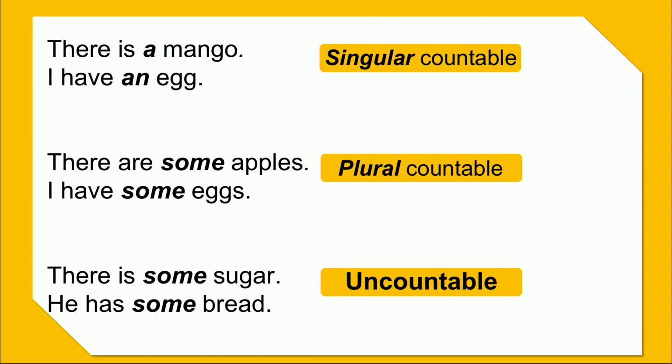I have an egg. Both of them are examples of singular countable nouns. There are some apples. I have some eggs. These are examples of plural countable nouns. And finally, there is some sugar and he has some bread are examples of uncountable nouns.